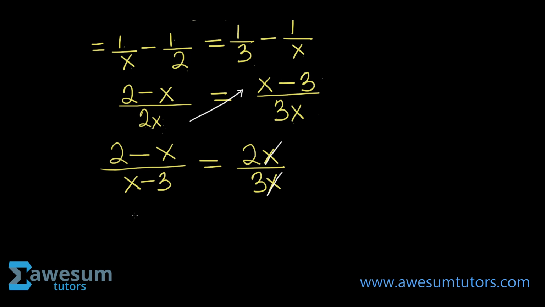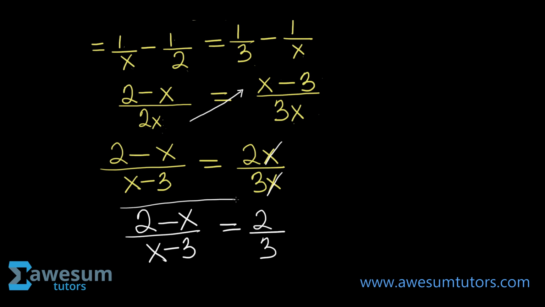And then my final answer will be 2 minus x over x minus 3 equals 2, and I have 3 remaining. This is my final answer. I've been able to show that 2 minus x over x minus 3 equals 2 over 3.